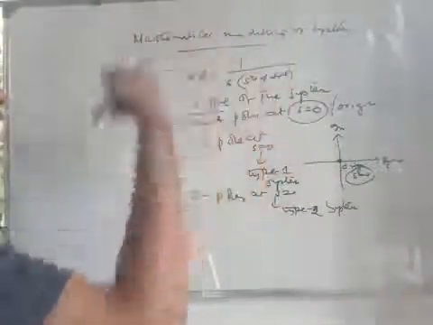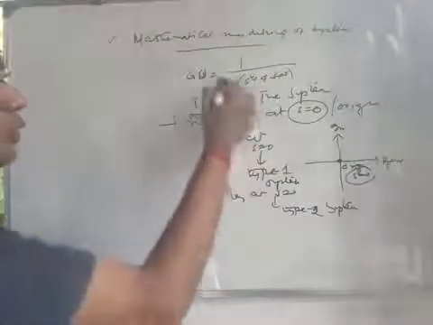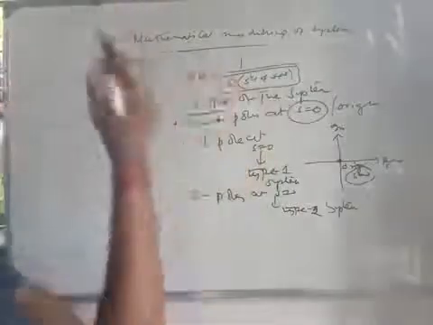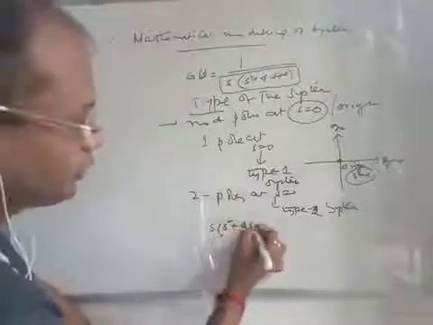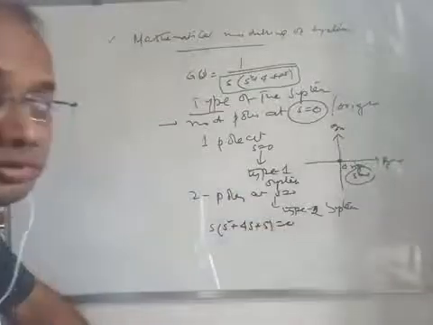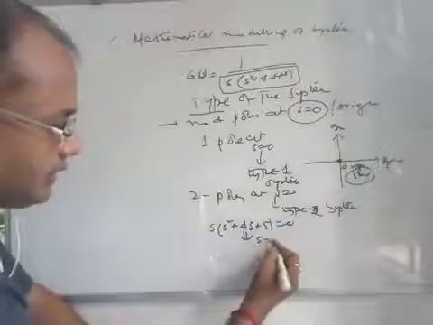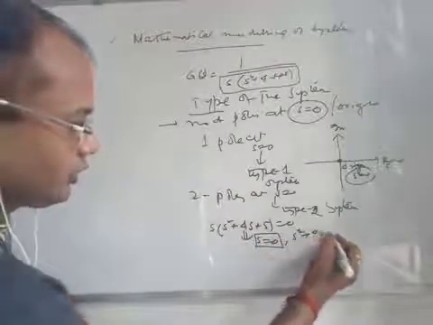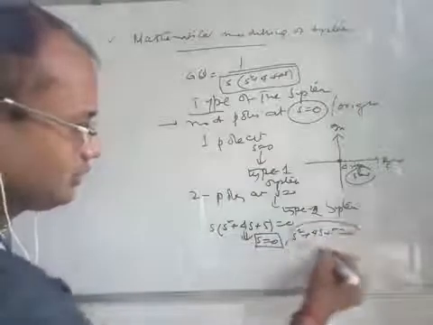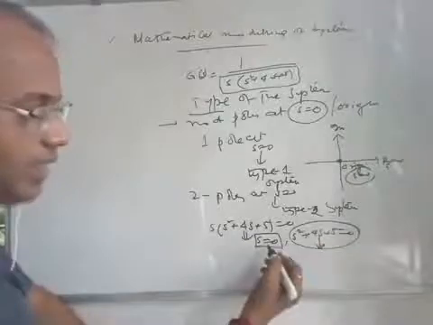So what is this about? Here you see, in order to get the poles, first of all you have to get the denominator. So s into s square plus 4s plus 5 equal to 0, right? Here if you solve, what will you get? s is equal to 0 and s square plus 4s plus 5 equal to 0. From this solution you will get two values of s here and another value there.